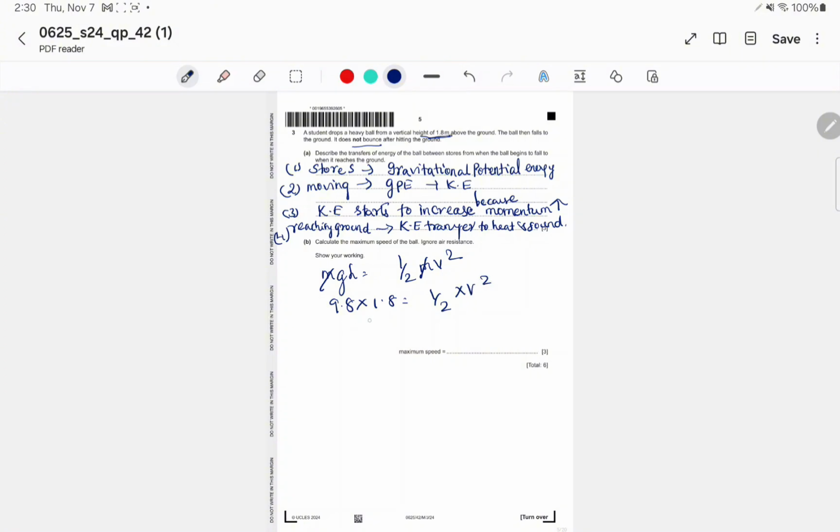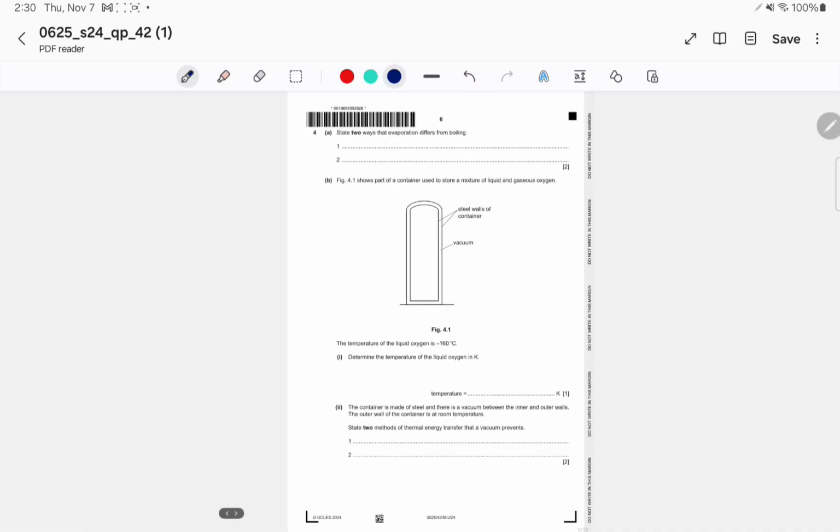Multiplying these two and dividing by 2, we get 35.28 equals v squared. Taking the square root, v is equal to 5.939 meter per second. So the maximum speed is 5.939 meter per second. Next question.